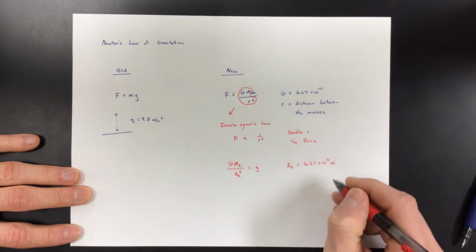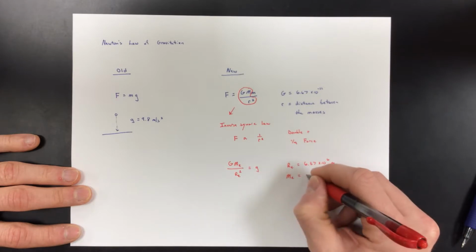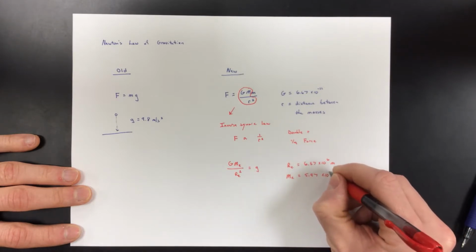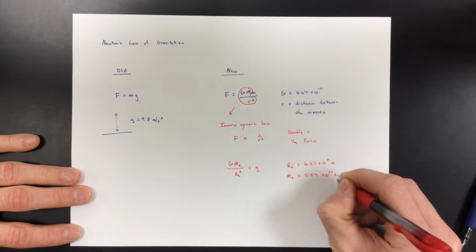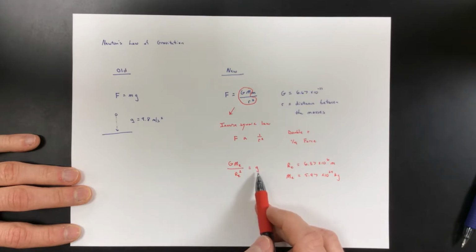That's like 6.37 million meters. And then the mass of the Earth is something like 5.97 times 10 to the 24th kilograms. So feel free to plug in G, plug in the mass of the Earth, and plug in the radius of the Earth squared, and that will end up being something like 9.8 meters per second squared.